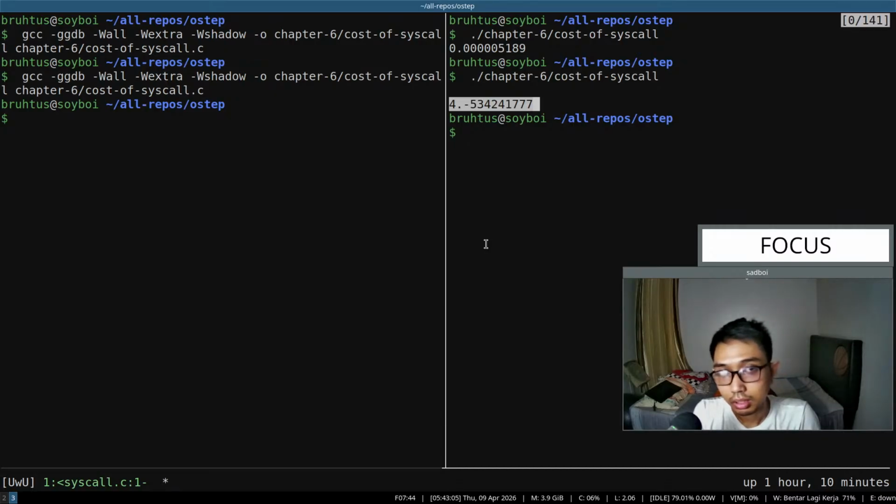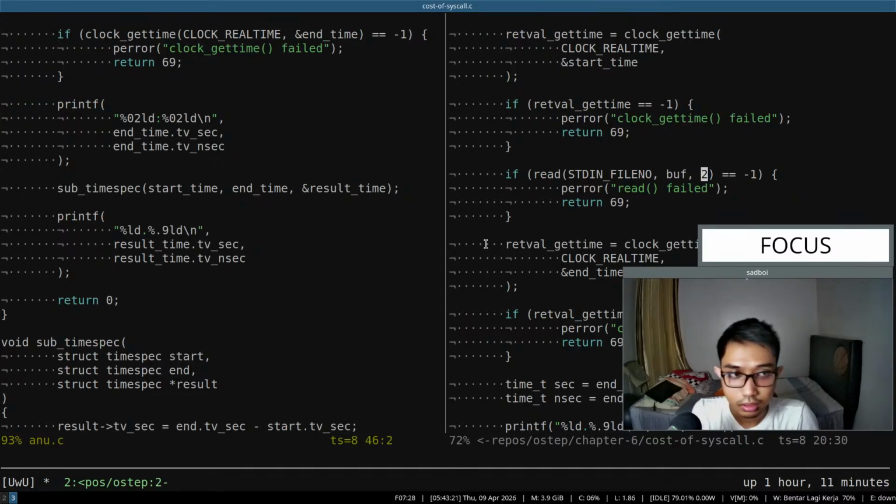Okay, interesting. The nanosecond become negative. Okay, that's new, I guess.